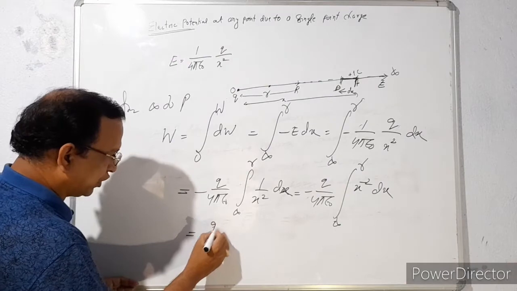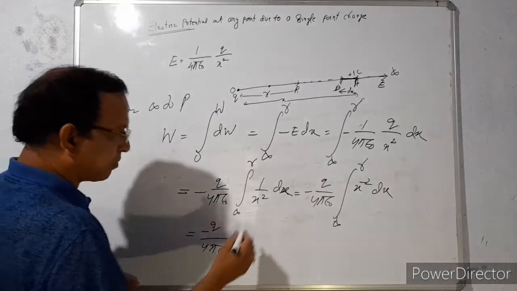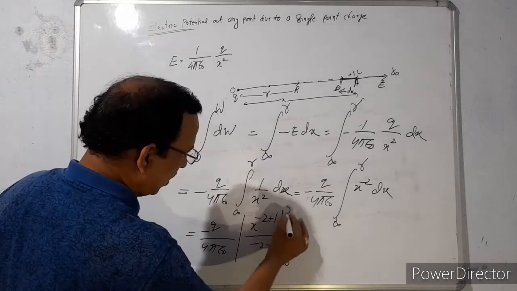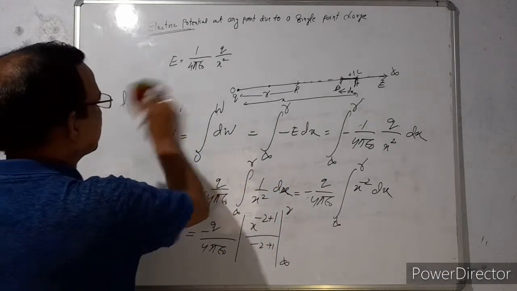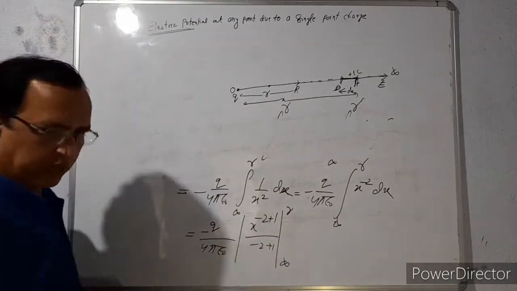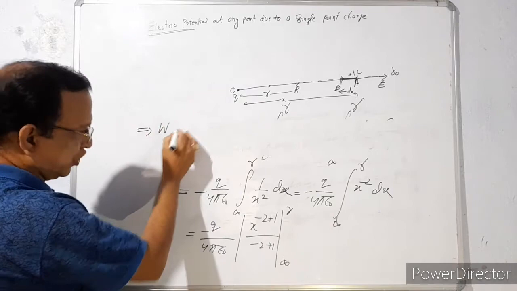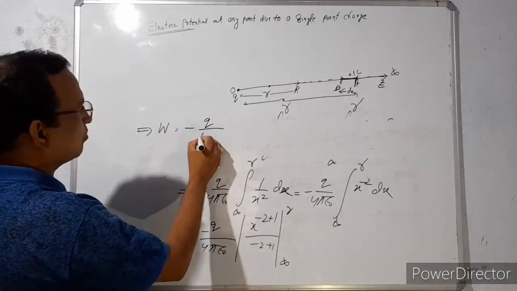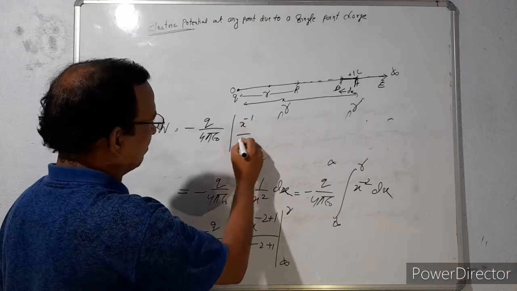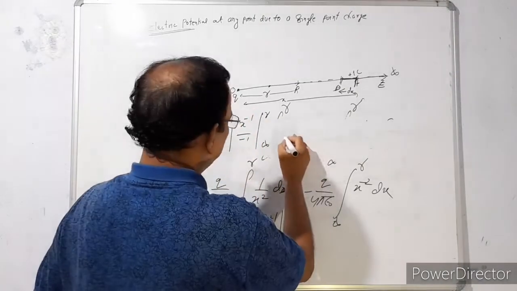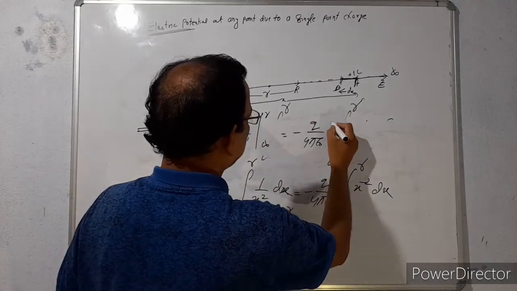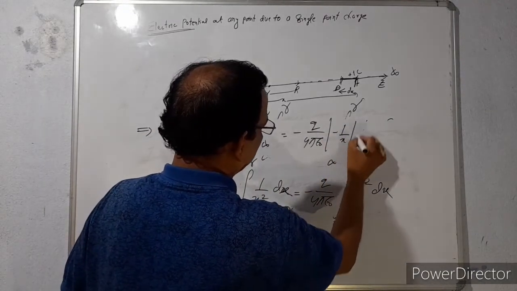That is x to the power minus 2 plus 1, so W is equal to minus q by 4 pi epsilon naught, x to the power minus 1 by minus 1, from infinity to r, that is minus 1 by x.